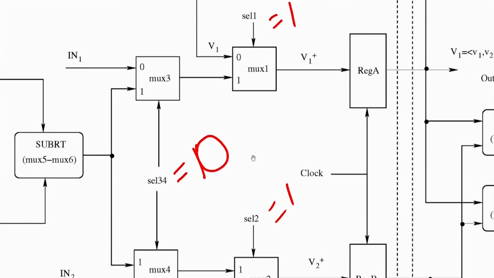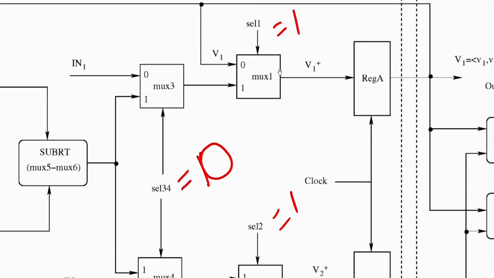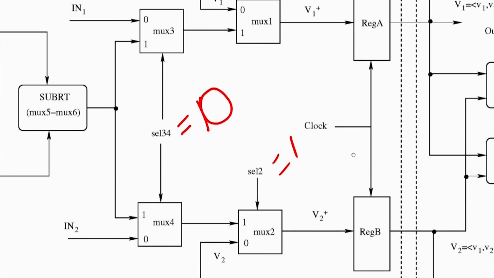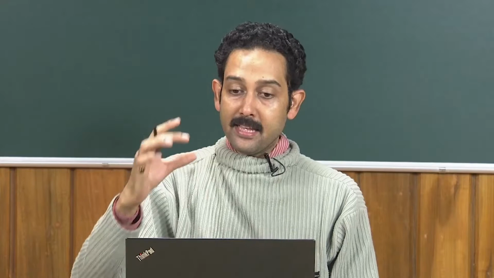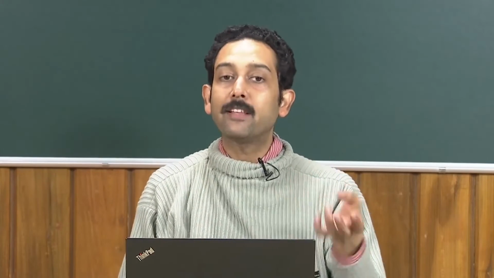So what I was saying is that we are making select 3 4 equal to 0, and select 1 and select 2 equal to 1, so that the input will go via this path and will be latched into the register. That means now we are reading the values of in1 and in2 into two registers, reg A and reg B. It is very important to understand that in register transfer level modeling, reg A and reg B are not single flip flops, they are actually register banks. If in1 and in2 are 32 bit numbers, then register A and register B will be 32 bit registers.